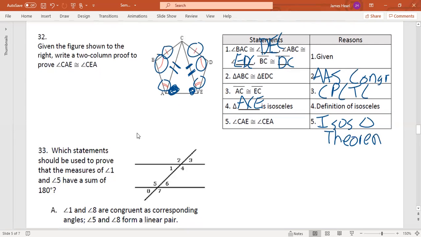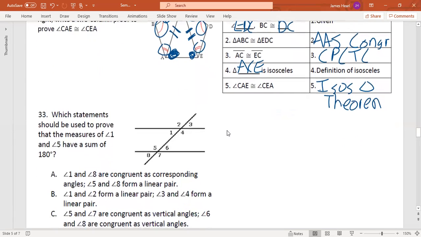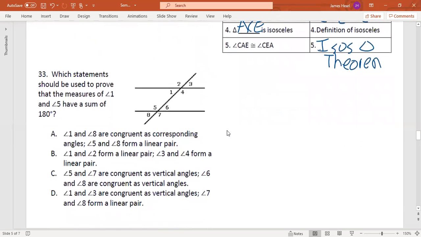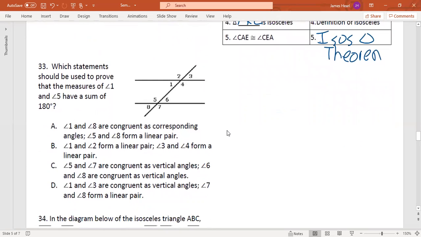See, for 33, we're given this picture, and you're asked which of these statements should be used to end up proving that 1 and 5 add up to 180. Very literally, let's just test them. As with all multiple choice questions, you should always just read the answers and test them.